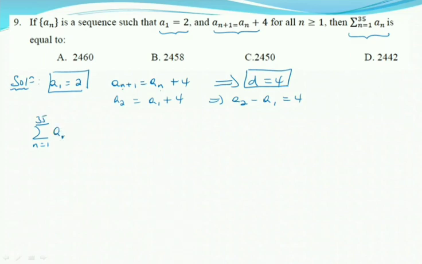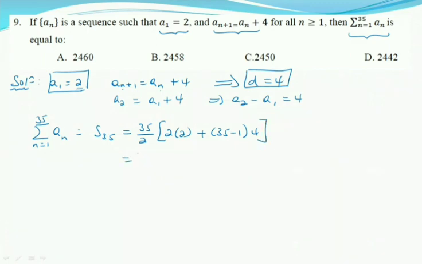So the sum of the first 35 terms means, shortly we can write S35, which is given by the formula 35 over 2 into 2 times the first term. Here the first term is 2, plus 35 minus 1 times the common difference.